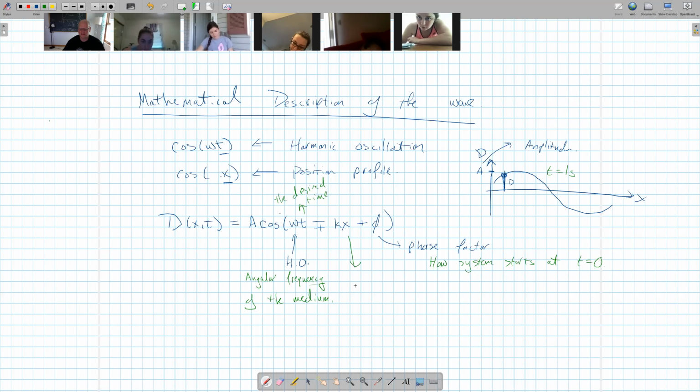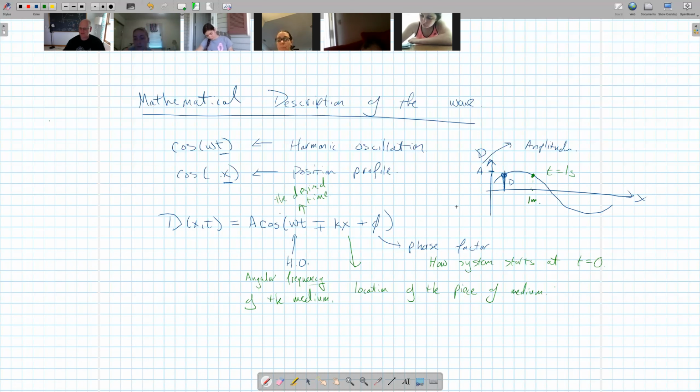x here is the location of the piece of medium. So basically all that means is pick your spot on here. So if I'm talking about this piece of medium here, then this would be, say, at 1 meter.